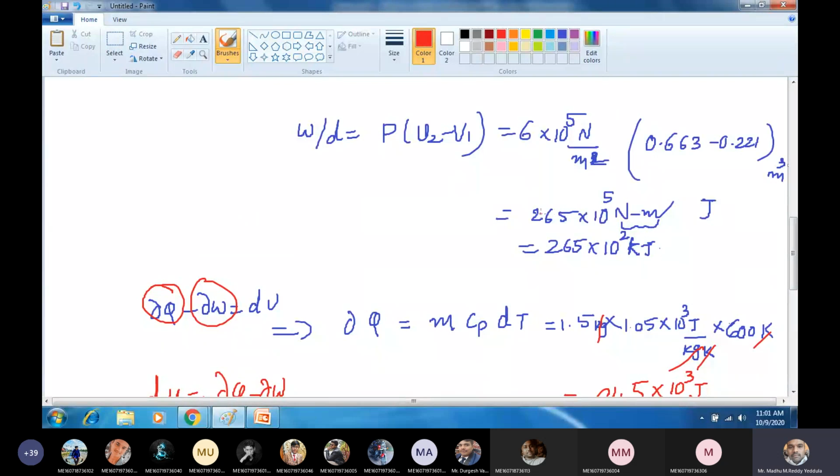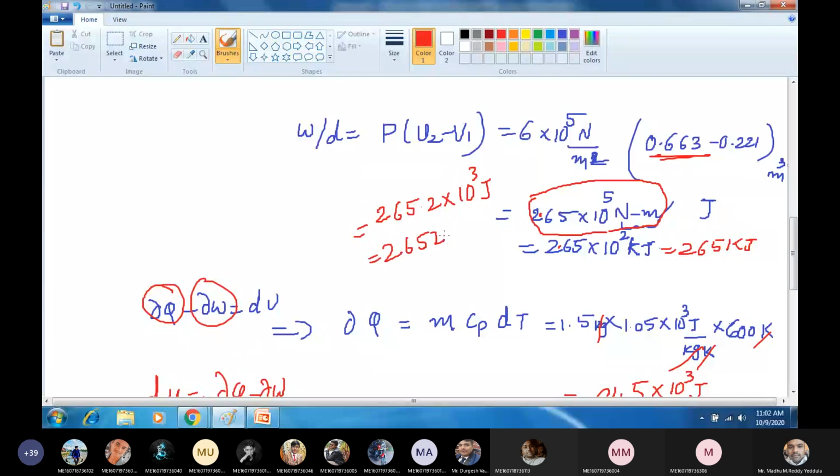Work done is 265.2 into 10 power 3 joules, and that is equal to 265.2 kilojoules. Okay, now it is 265 kilojoules.